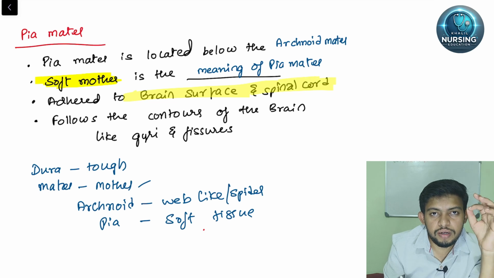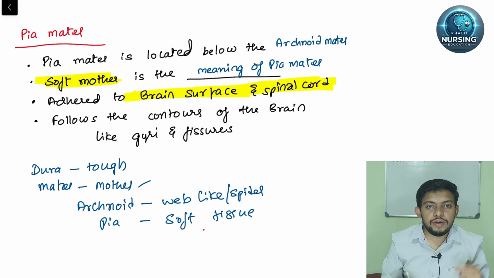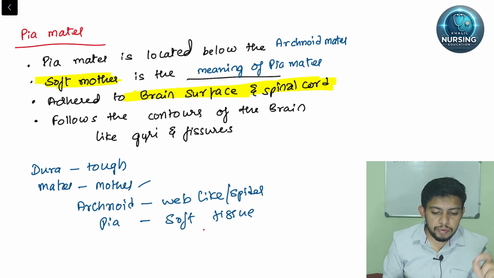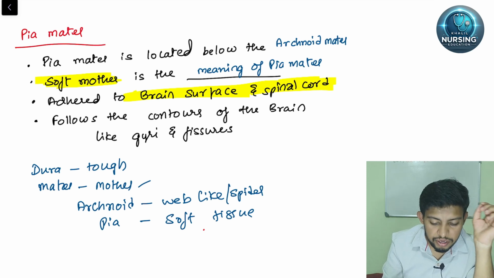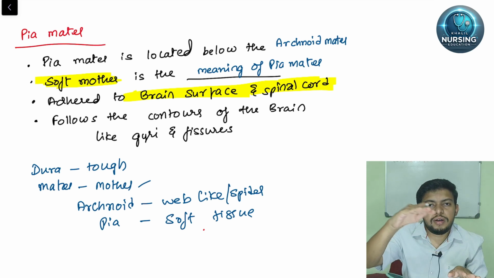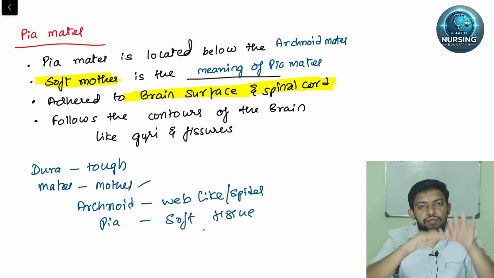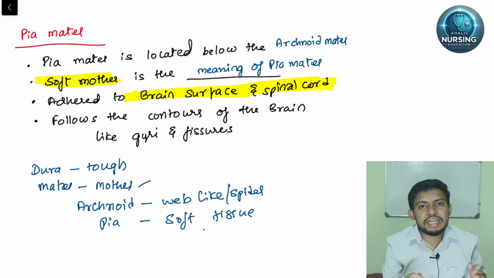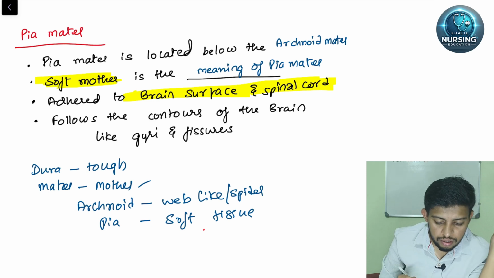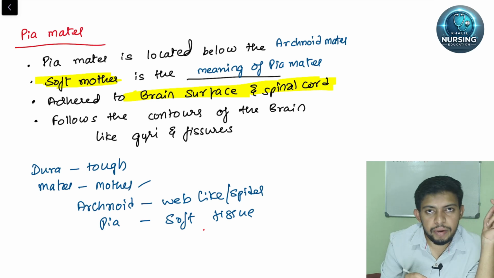Not only the brain, it continues all the way to the terminal end of the spinal cord. It follows the contours of the brain, wherever there is a gyrus, sulcus and fissures and falx, it follows everything. That's what the pia mater is.